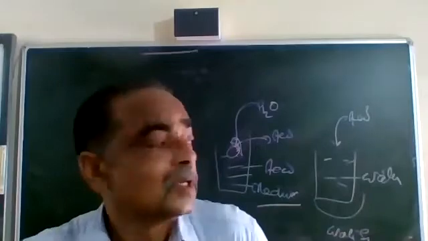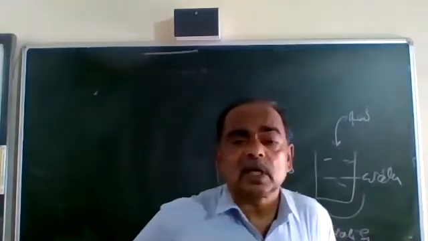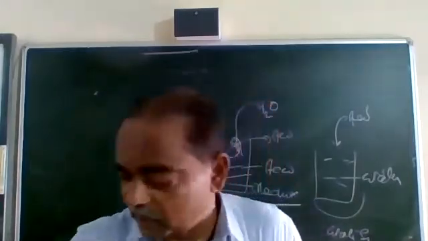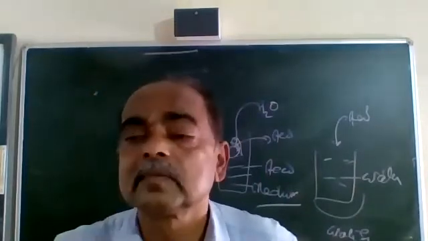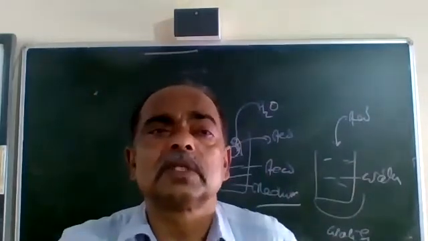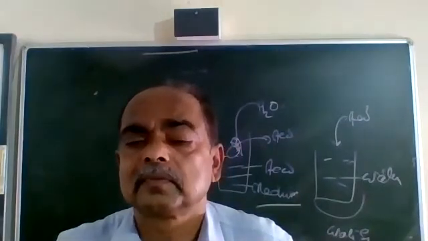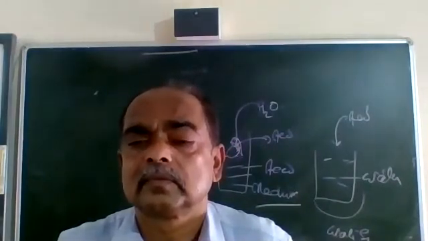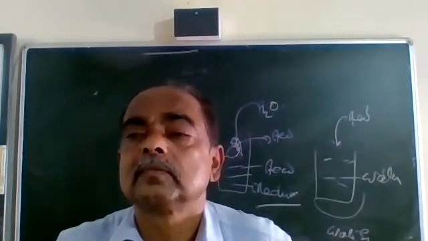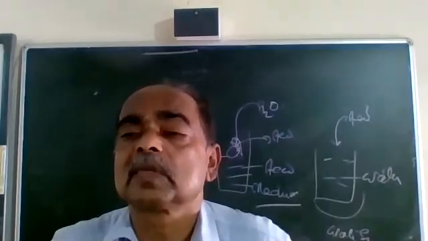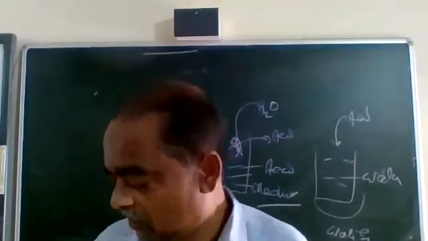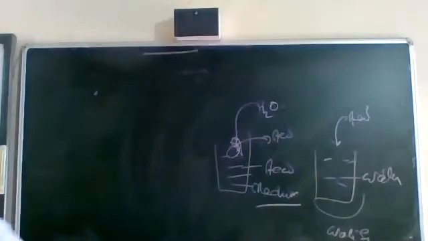Write down: those metals which are above hydrogen in the activity series displace hydrogen from diluted acid. And when the displacement takes place, it gives a salt.